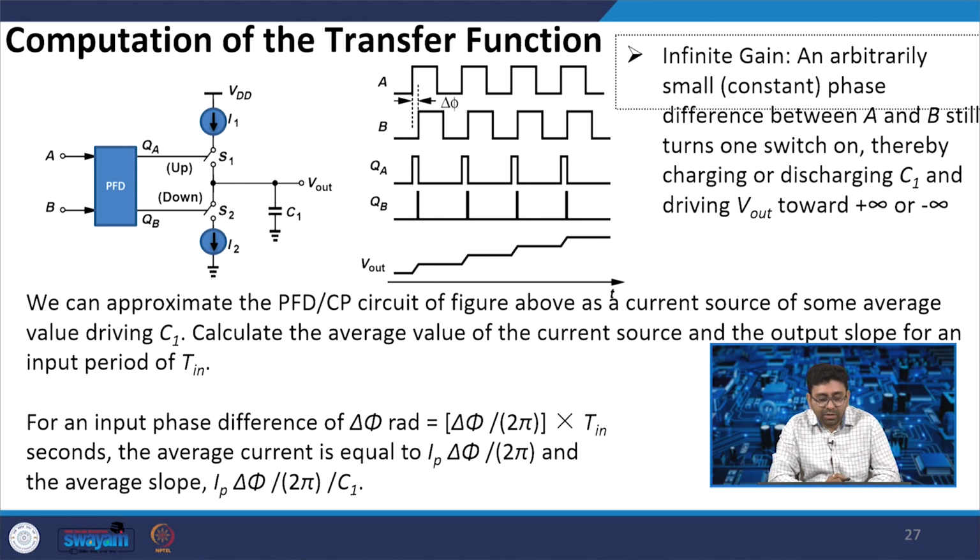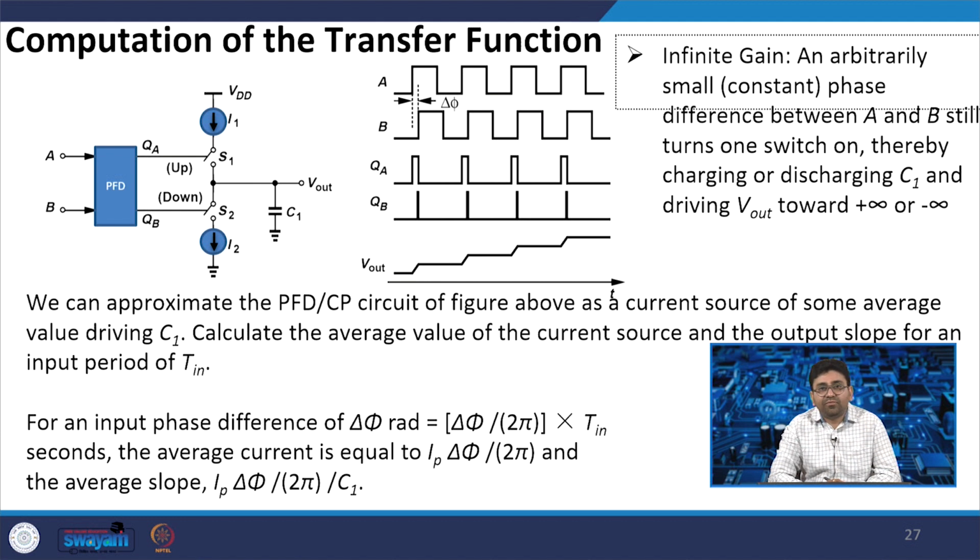If we want to find the transfer function, how do we find it? We can approximate the PFD and charge pump circuit shown here as a current source of some average value driving C1. Then we calculate the average value of the current source and the output slope for an input period of T in.